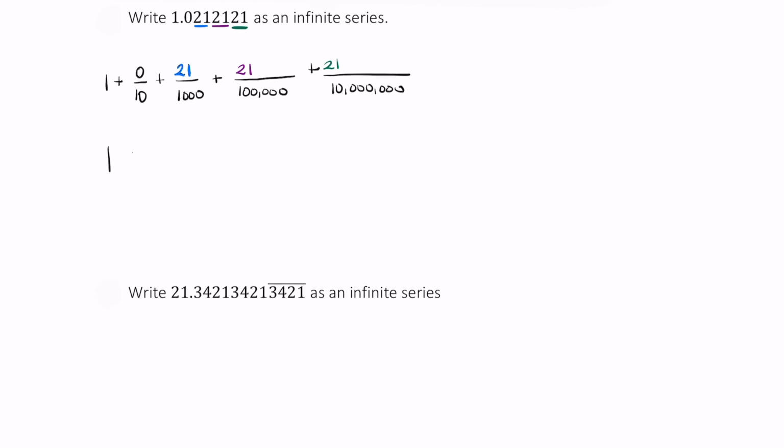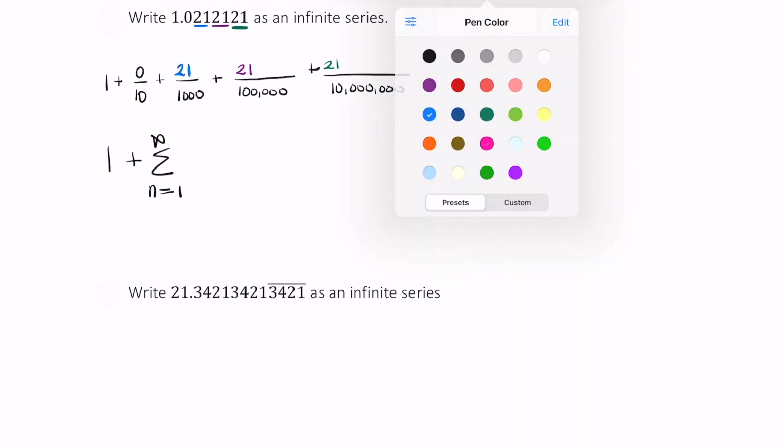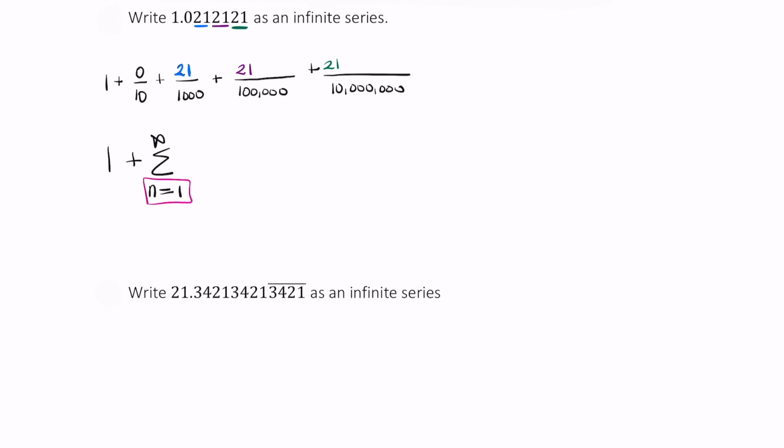We're going to have 1 plus the sum from n equals 1 to infinity. And this starting point of n equals 1 will be helpful. So this is our n equals 1 term. This is our n equals 2 term. N equals 3. So when n equals 1, we want a 21 in the numerator.